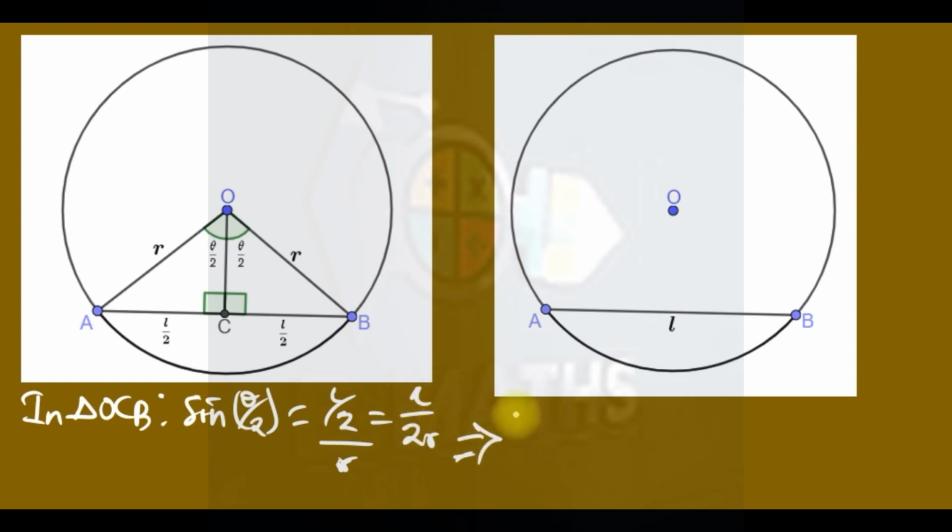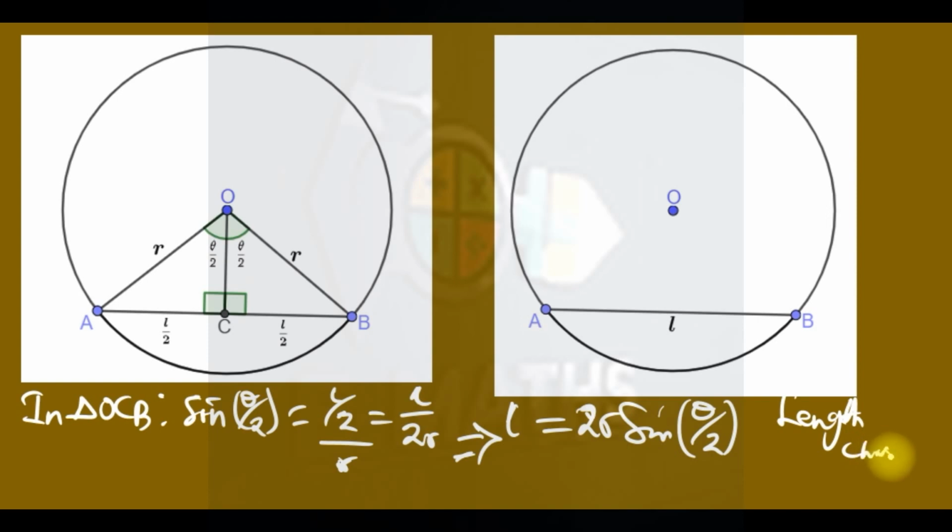Therefore, making L the subject, the length of chord is 2R sine half theta. So that's the expression for the length of a chord. Each time you're asked to find the length of a chord, that's the formula you use: 2 times the radius times the sine of half of the central angle, the minor one.